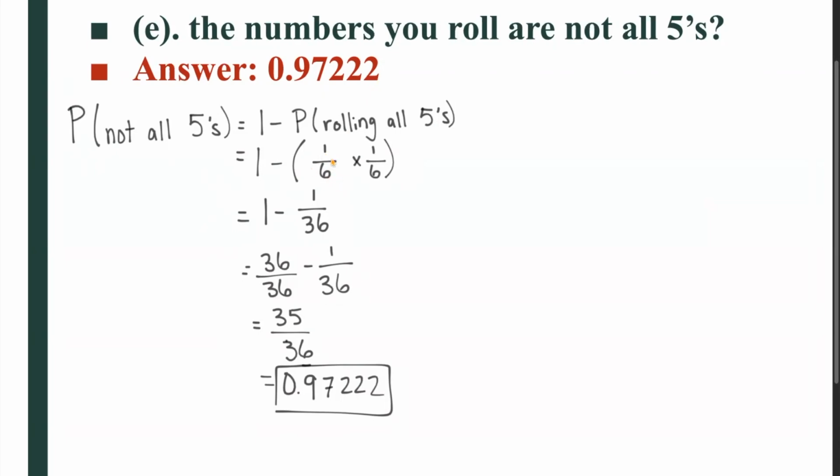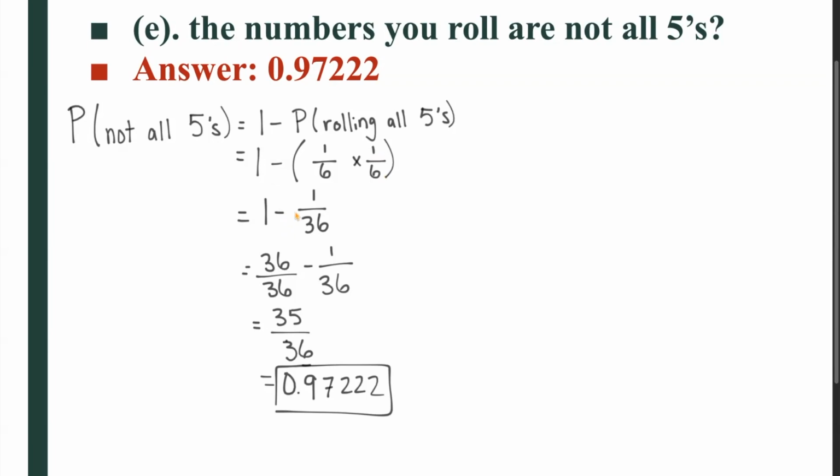So that would be 1/6. And then the second roll, we would also roll a 5, and there's only one side of that die that has a 5. So that would be 1 out of 6 again.